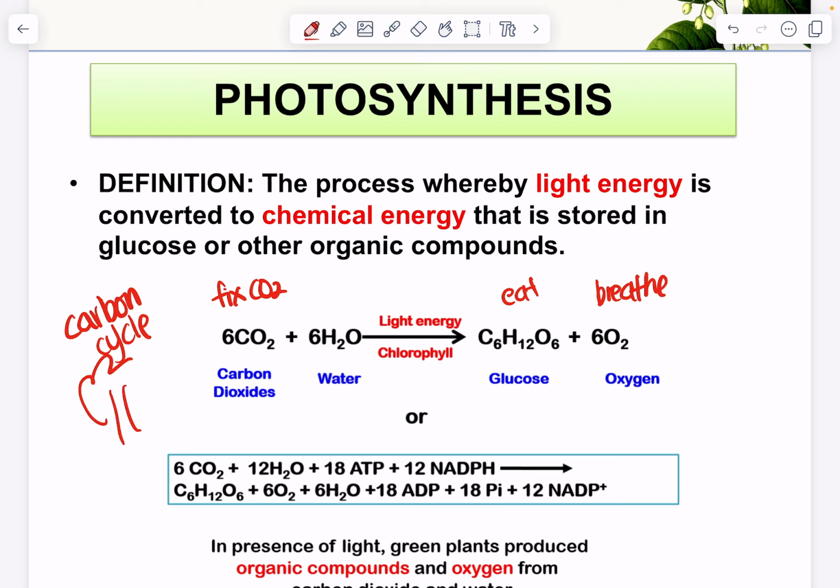And also, along with carbon dioxide, the plant needs water. And that's how they convert light energy to chemical energy. Please remember, they will convert light energy to chemical energy. So that is why it will be stored in glucose or other organic compounds.